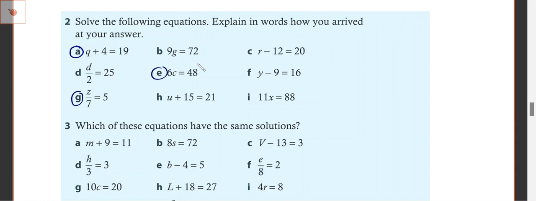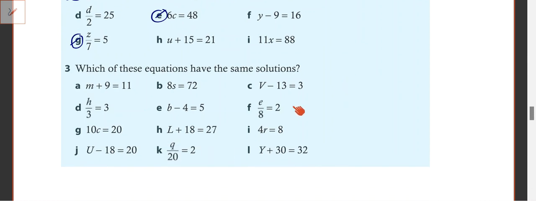Just need to solve it, but showing all your working in your maths book, not on the paper. We've done those ones, you don't need to do them again. You can do the others and rattle through.